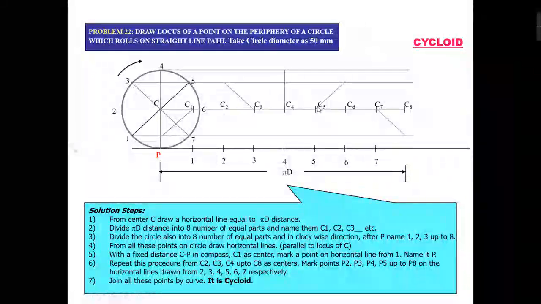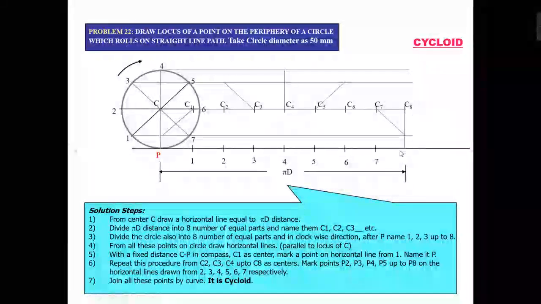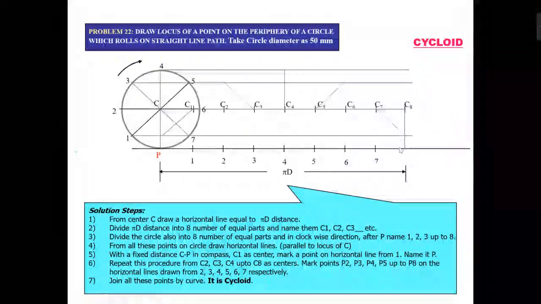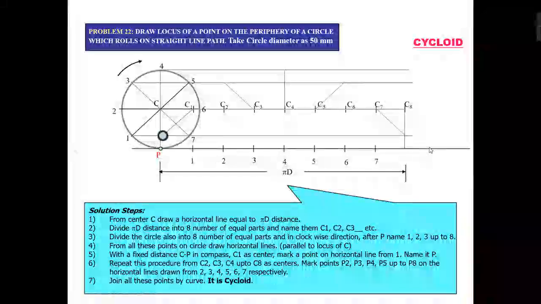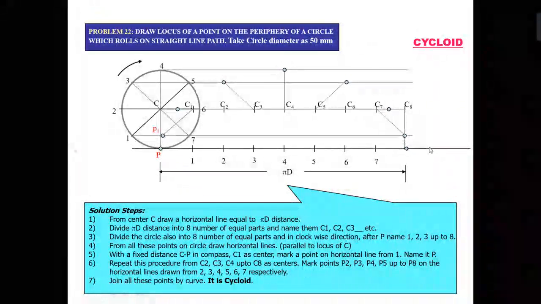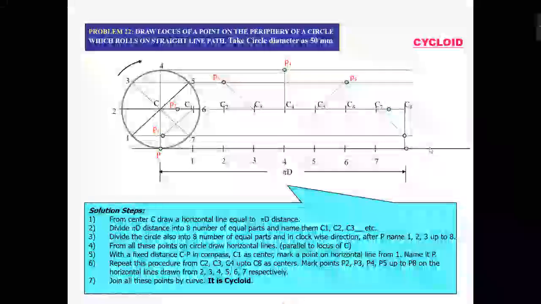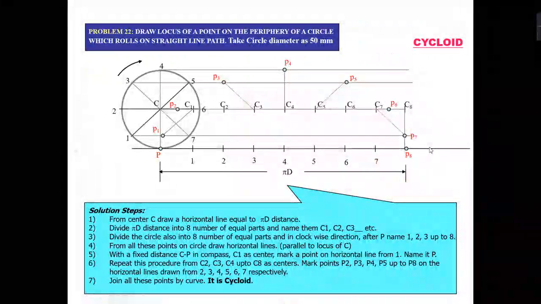Like that, then C6, C7 and C8. When the circle has moved to C8, your point will be again on this horizontal line. After getting all the points, I will first mark them P1, P2, P3, P4, up to P7 and P8. Then I will join all the points with the help of a French curve.